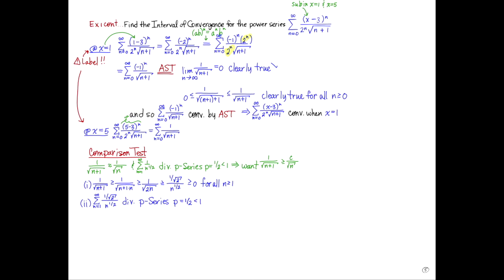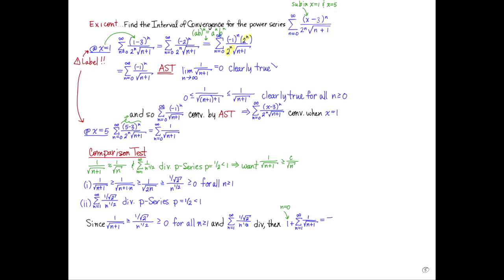Let's give our conclusion. Since 1 over the square root of n plus 1 is greater than or equal to 1 over the square root of 2 over n to the 1/2, which is greater than or equal to 0 for all n greater than or equal to 1, and the sum from n equals 1 to infinity of 1 over the square root of 2 over n to the 1/2 diverges, then 1 plus the sum from n equals 1 to infinity of 1 over the square root of n plus 1 is equal to, and this 1 in front, that is the first term of our series when n is equal to 0.